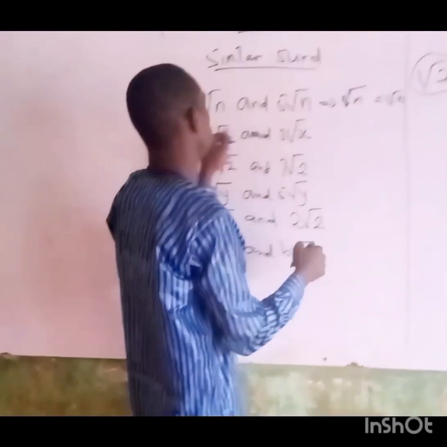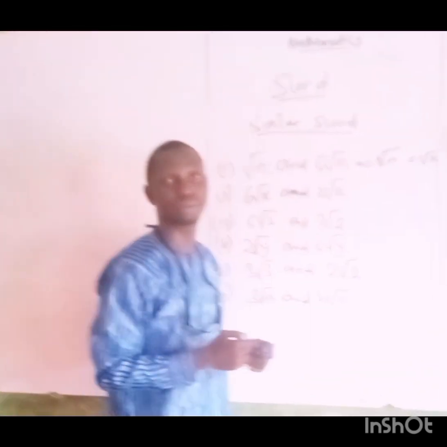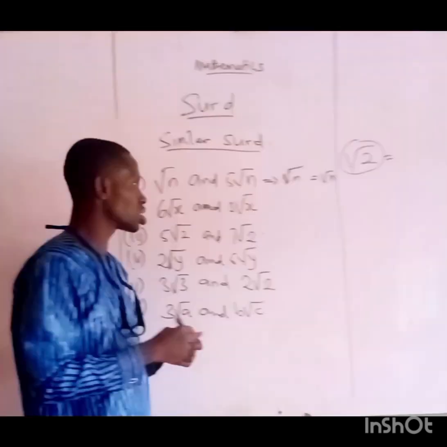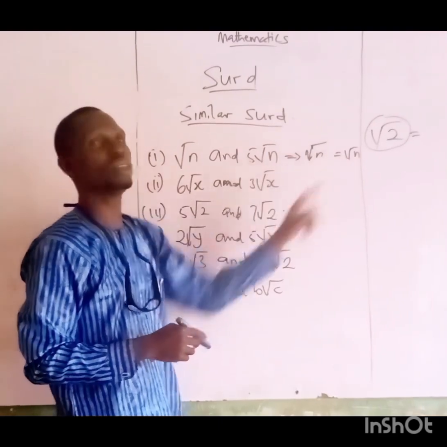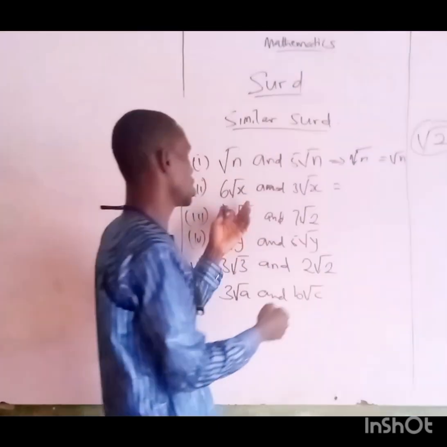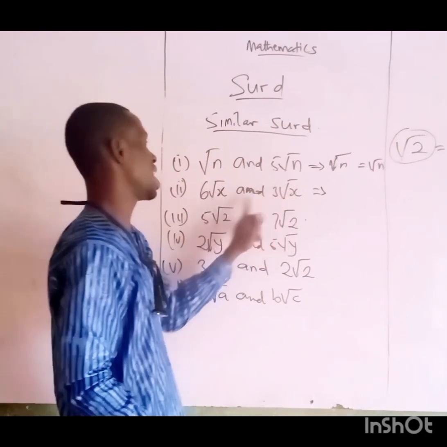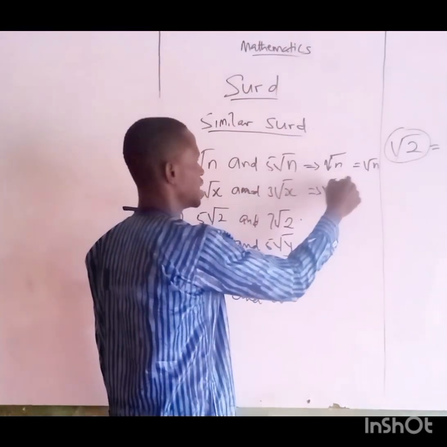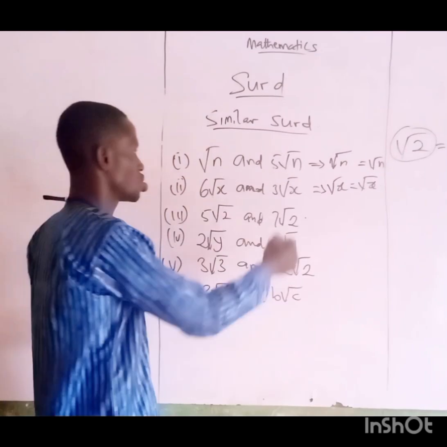So these two surds are said to be similar surds because they both have root n as their irrational number. Good. Now when you look at the second one as well, it is also said to be similar surds because both surds have root x as their irrational number. So it's root x and root x. So that is a similar surd.